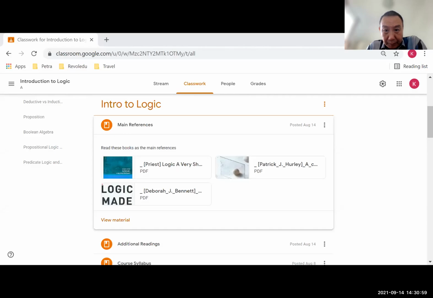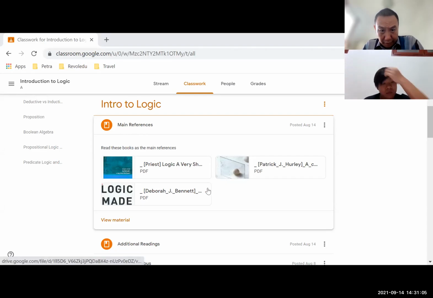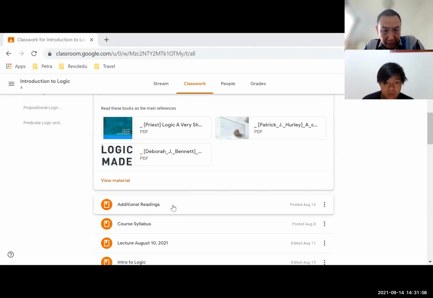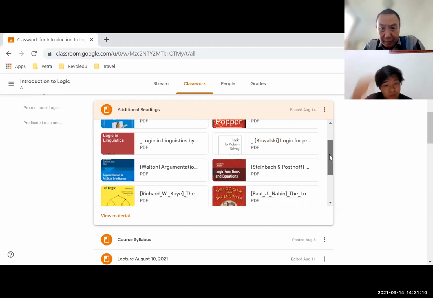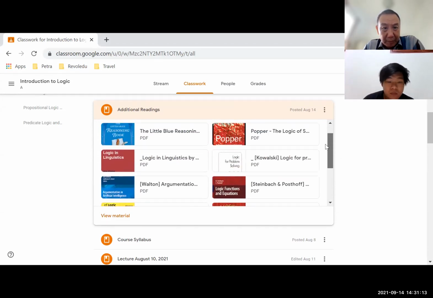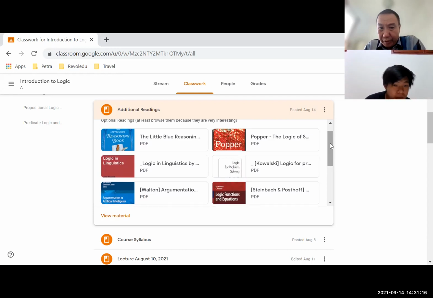Did you check the Google Classroom, Introduction to Logic? There are the 3 main reference books there. Right, the 3 books here. And there are additional readings that you can read.